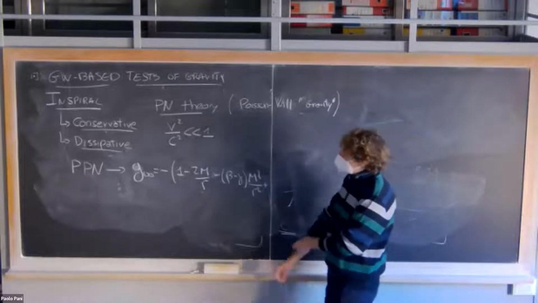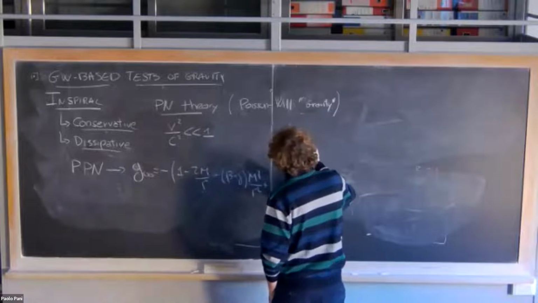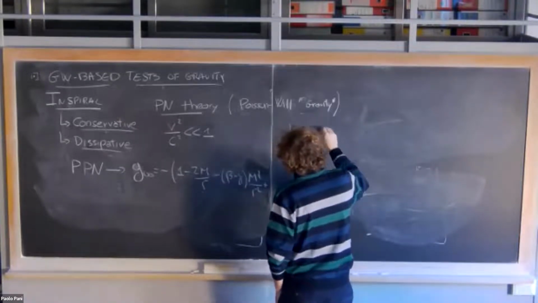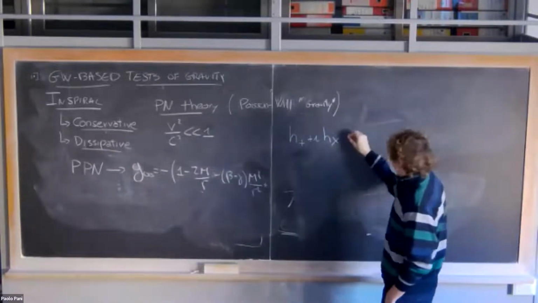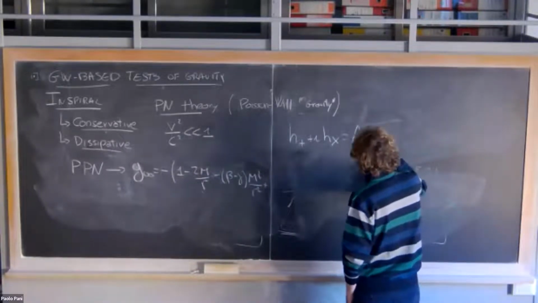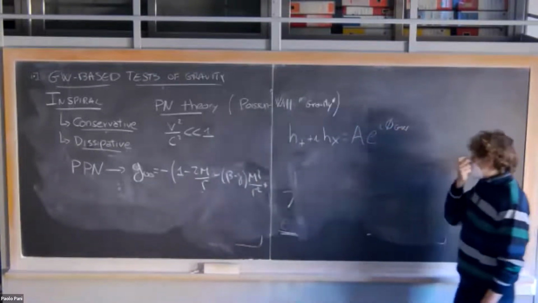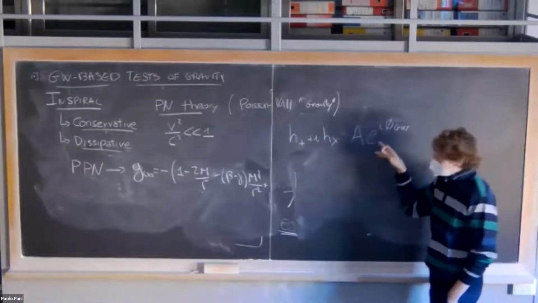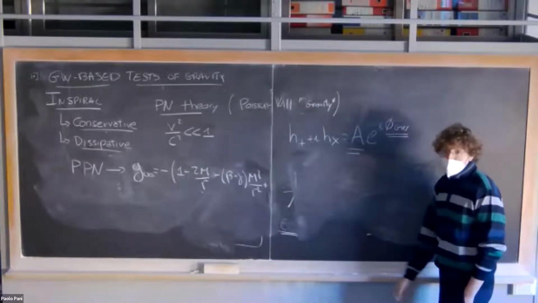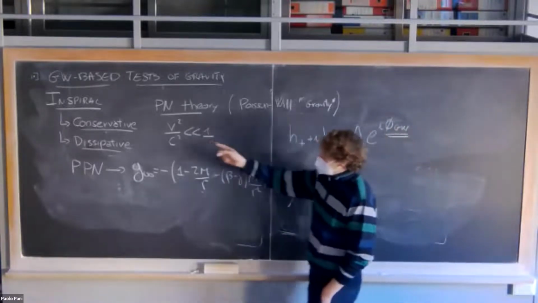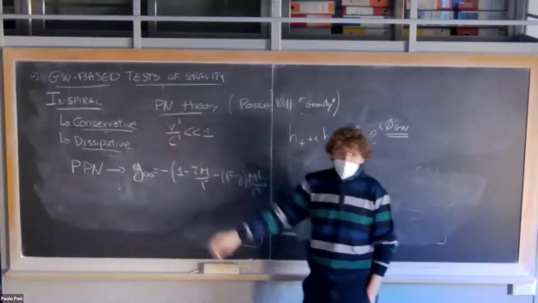Well, the idea is to work out a generic signal. The signal in GR would be written through the two polarizations of gravitational waves, the plus and cross polarizations, as an amplitude, and then there will be a phase that we call e to the i phi of t, and this is the phase. And we want to find the post-Newtonian expression of the amplitude and phase, which would be essentially a series in powers of this post-Newtonian parameter, roughly.